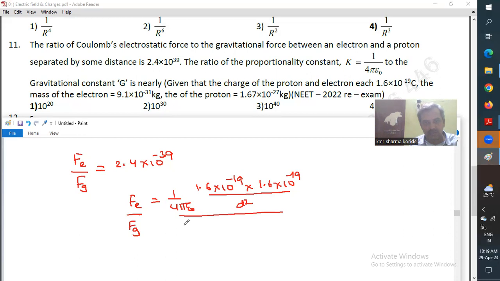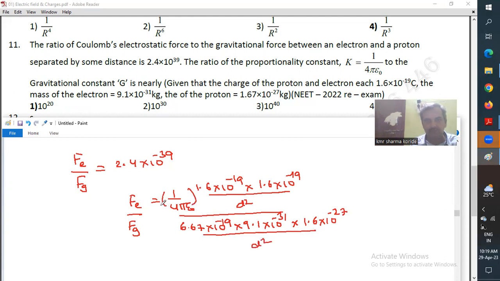Then G is here, 6.67 into 10 to the power of minus 11. Then the mass of the electron is 9.1 into 10 to the power of minus 31, and the proton mass is 1.6 into 10 to the power of minus 27, divided by d square. So they are asking us to find out this particular value.